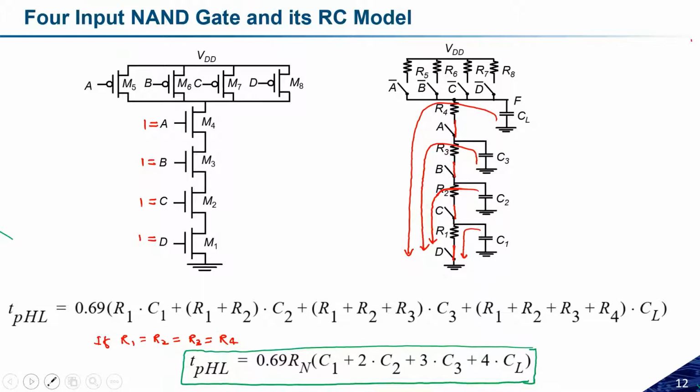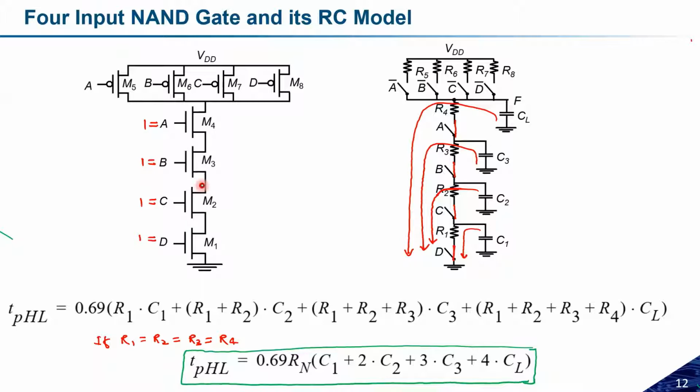As we know, if I'm talking about the NAND gate, if I have a two-input NAND gate, two PMOS transistors will be in parallel in the pull-up network, and two NMOS transistors will be in series in the pull-down network. Similarly, if I have a three-input NAND gate, three PMOS transistors will be in parallel, and three NMOS transistors will be in series in the pull-down network.